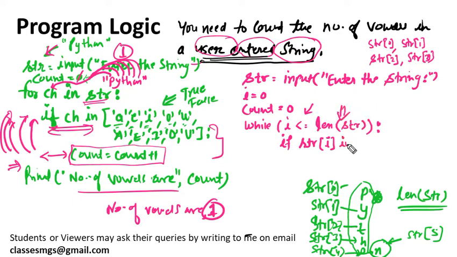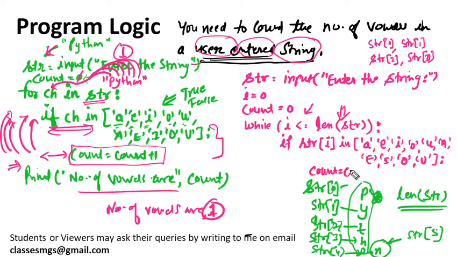Now if this character of I is in this list, let's suppose A, E, I, O, small u, capital A, E, I, O, U. If your character is found in this list, then you need to do count equals to count plus 1.